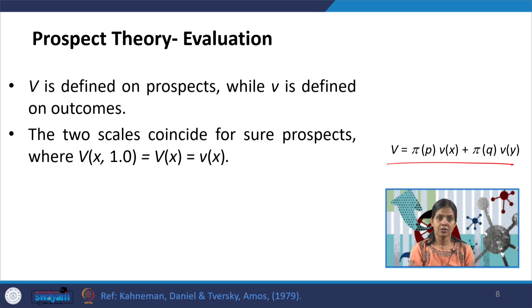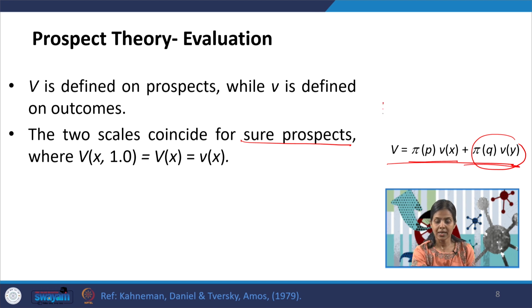The two scales coincide for sure prospects, that is V(x, 1) is equal to capital V(x), which equals small v(x). Of course, as you understand, if it is a sure prospect, I am going to have only one of them, say pi(p) multiplied by v(x). Since it is a sure prospect, there is no point in having two components.